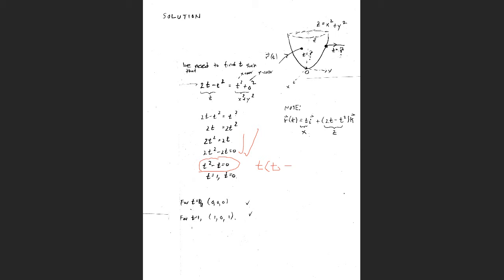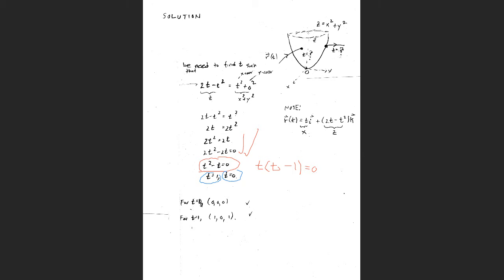So t times t minus 1 equals 0. And because of that, t equals 1 and t equals 0. And so those are the two times at which the space curve passes through the paraboloid.